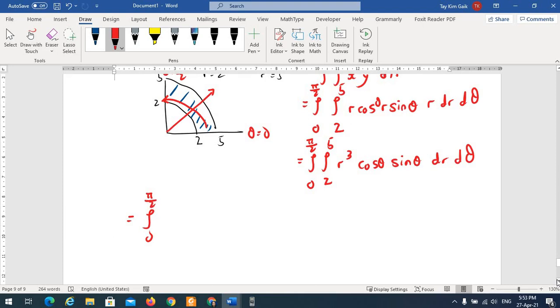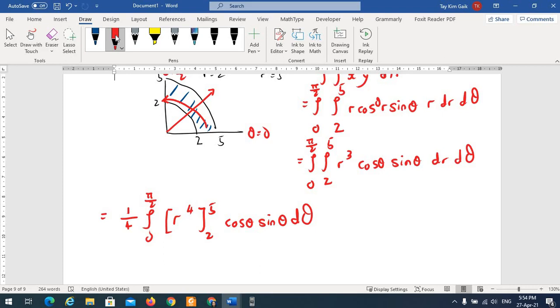Integrate with respect to r, theta is constant. So integrating r cubed, you have r to the power 4 divided by 4. So I factor out the constant here. Now this is in multiplication form, and cos theta sin theta is a constant with respect to r, so I factor it out: one over 4 times r to the power 4 times cos theta sin theta d theta.